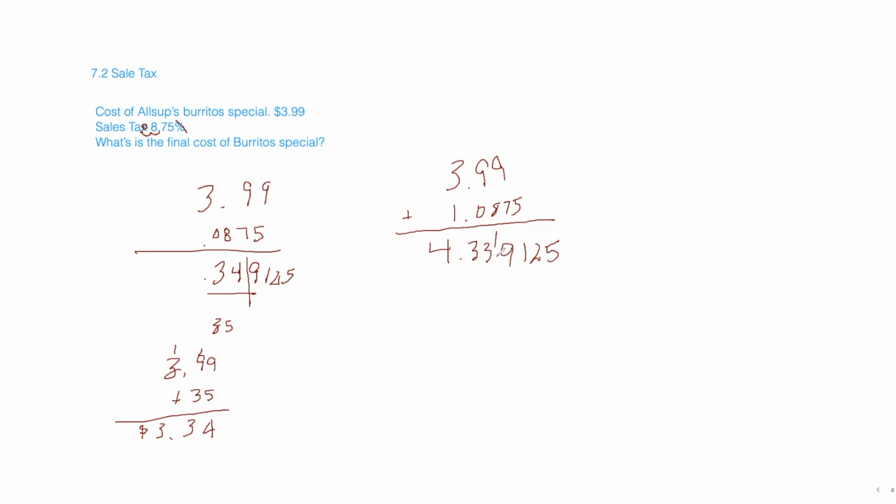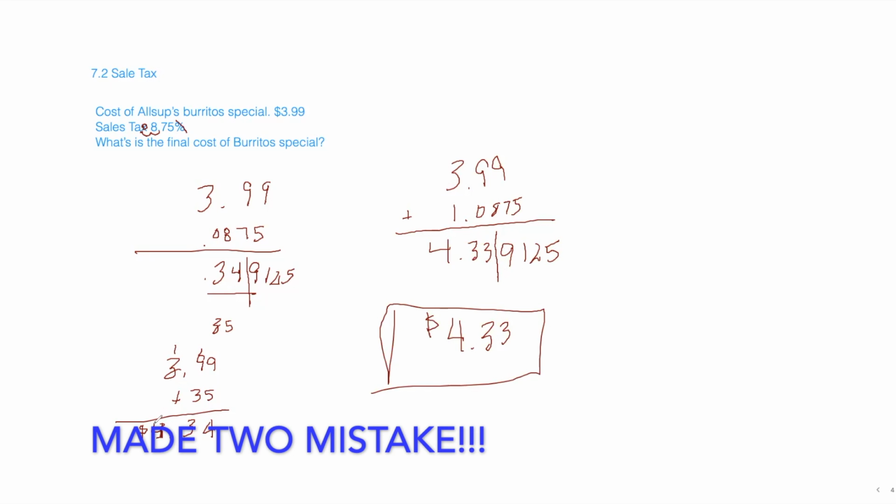But of course, we're going to round now at the end, and I get $4.34, which is correct. By the way, I made a mistake here. I wrote down 3 even though I was supposed to add 3 plus 1. That should be a 4.